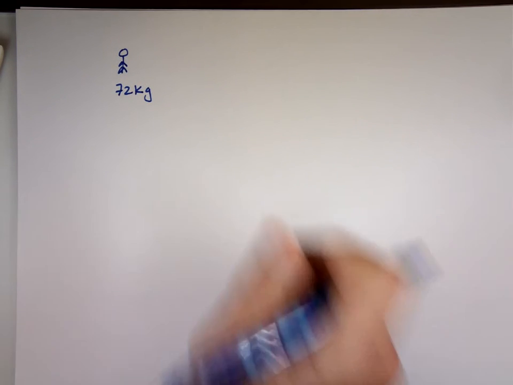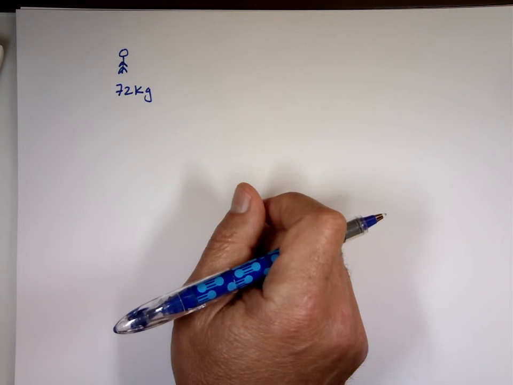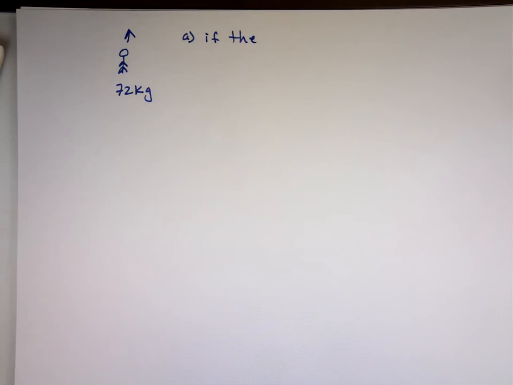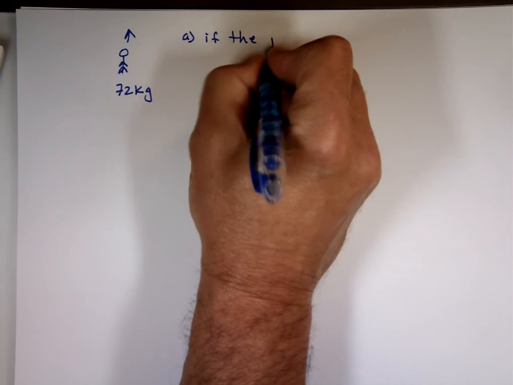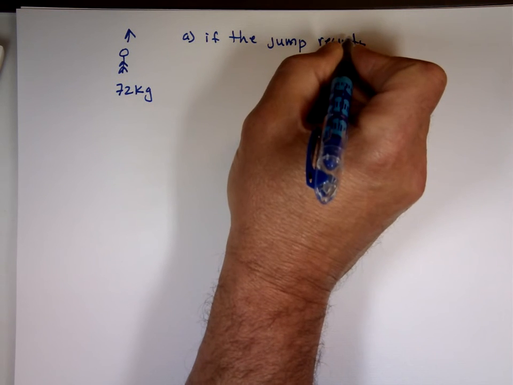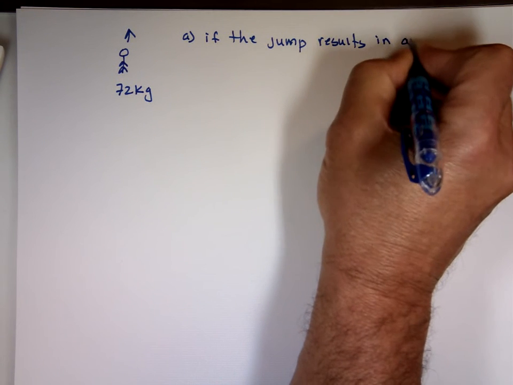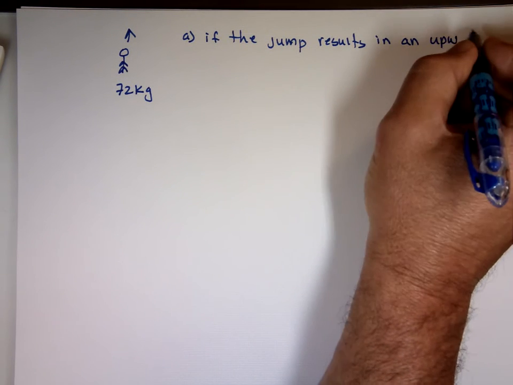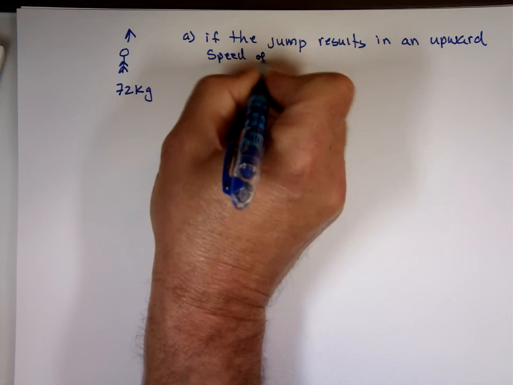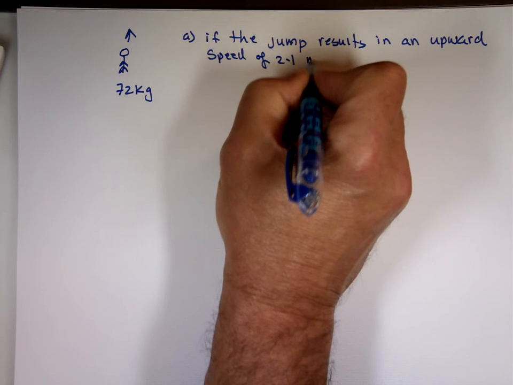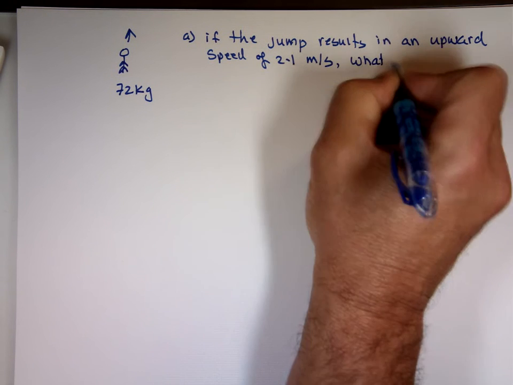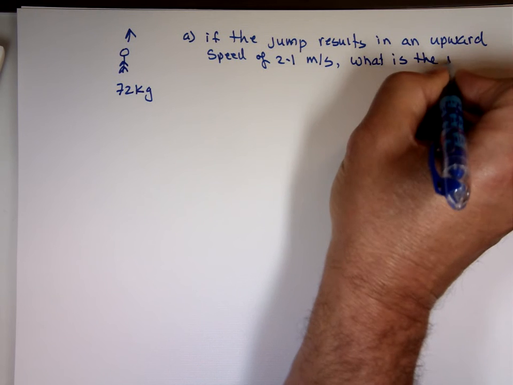It says, this is part A, if the jump results in an upward speed of 2.1 meters per second, what is the impulse? That's the first question.